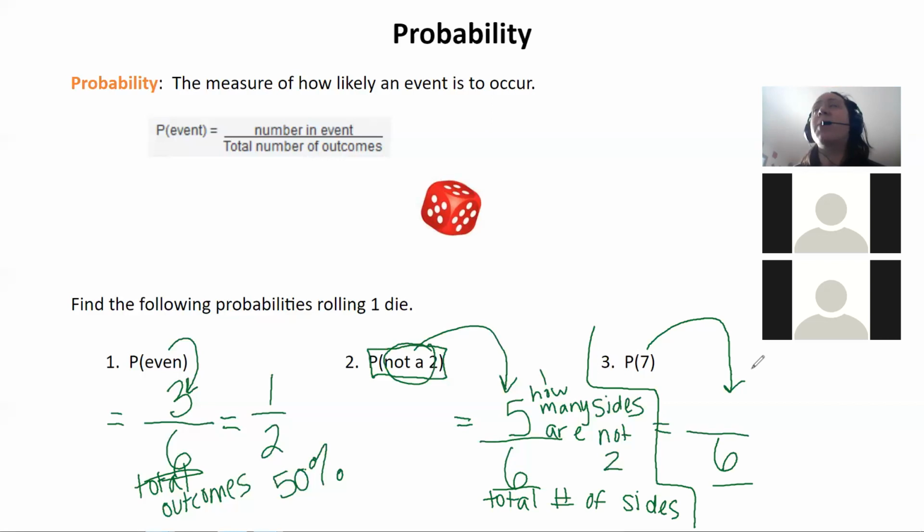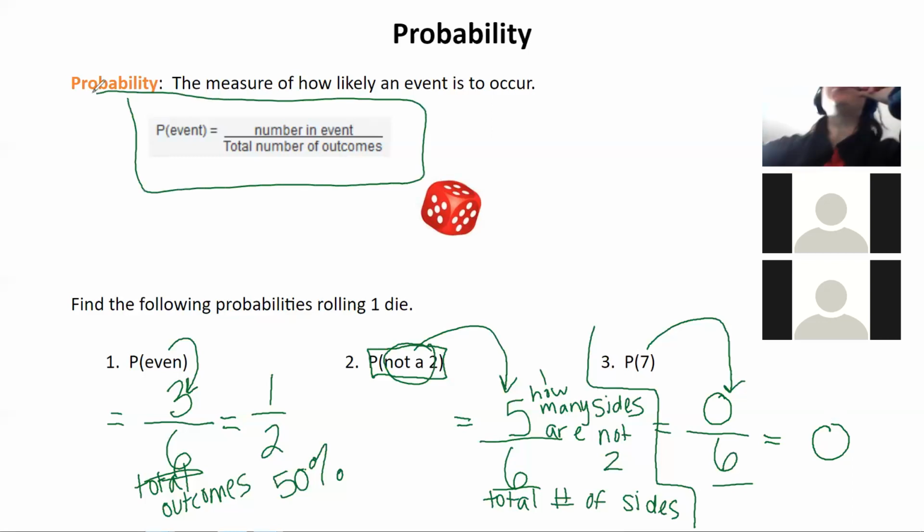Yeah, Sarah, you were like, wait a minute. There are no sides that have a 7. So this would be a 0 probability because it can never happen. Whenever you're finding probabilities, your denominator is the total number of outcomes, total number of options, and the numerator is whatever the parentheses tell you to put on there.